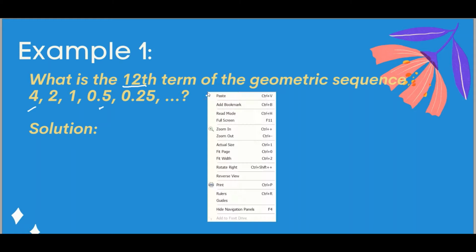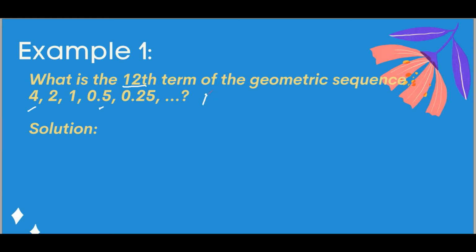Remember, the common ratio is equal to a sub 2 divided by a sub 1. Our a sub 2 is the second term, which is 2 over 4, which is also equal to 1/2. So our common ratio is 1/2.